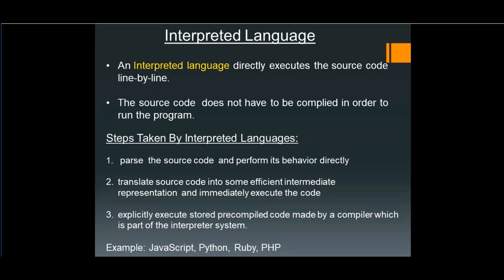An interpreted language directly executes the source code line by line. Okay, the source code does not have to be compiled in order to run the program. So what's the difference? Well, basically, examples of interpreted languages are JavaScript, Python, Ruby, PHP, etc. So when you write a line of code, and if you've been following my tutorials, or if you haven't, you know that I have a complete course on JavaScript, which you can find in the link in the description below.